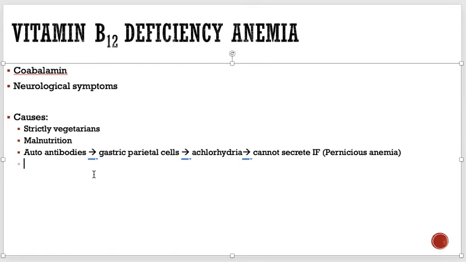Gastritis, for example, has the same effect: due to inflammation of the gastric lining, they cannot produce intrinsic factor. Someone who doesn't have a stomach, what is that condition? Post gastrectomy. It can be done for multiple causes, but that is not our discussion right now.